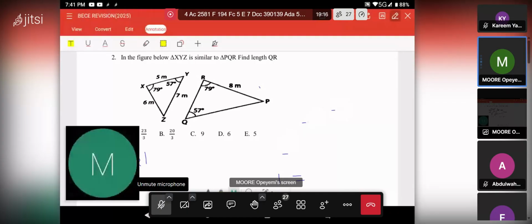See the way I pick it, the first two letters correspond to PQ, the first two letters in that triangle. Ratio simply means we express them in the form of a fraction.